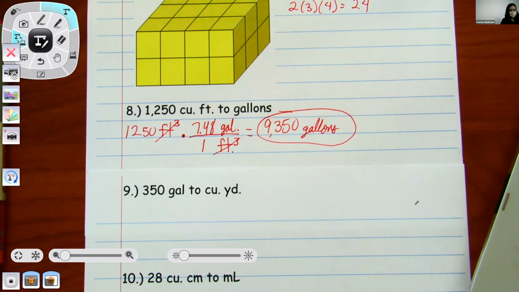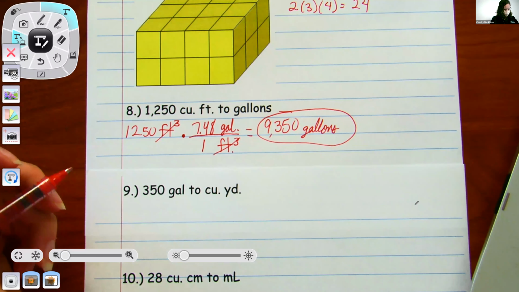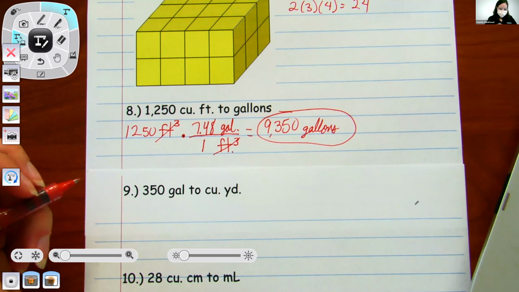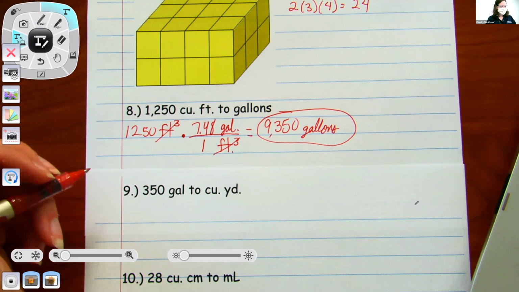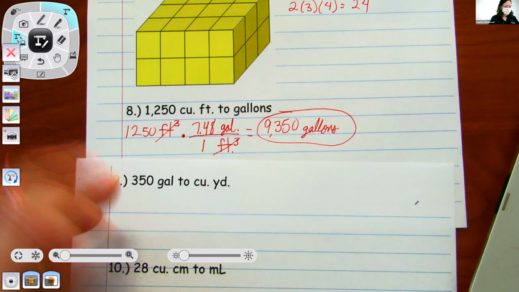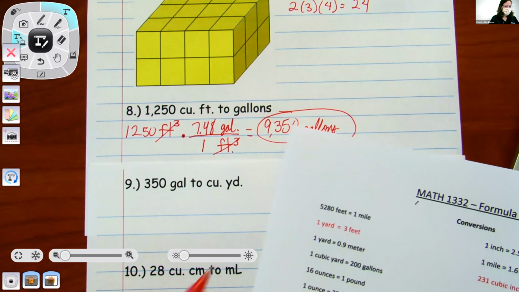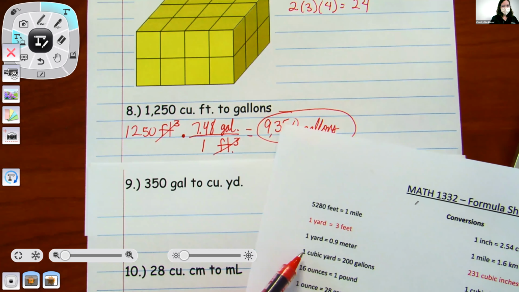All right, number 9, we have 350 gallons to cubic yards. We actually do have a direct conversion factor for that on the sheet. It says 1 cubic yard equals 200 gallons.